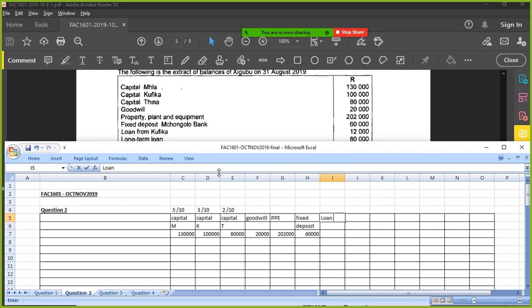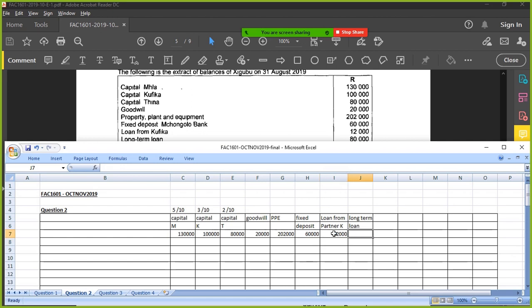Loan from partner K, long-term loan, I need to put in the amounts, 12, 80.